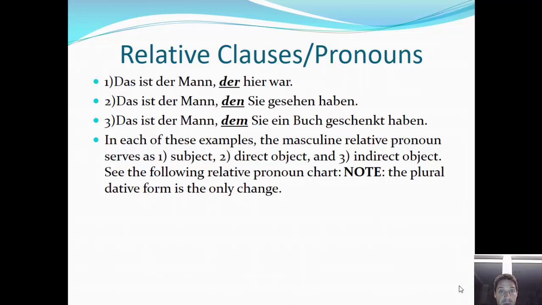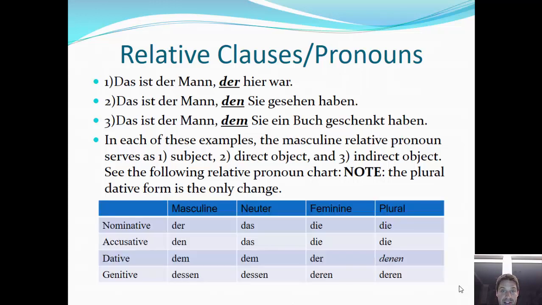We'll look at the chart here to break this down. You're already familiar with this if you've seen my charts from before. The only difference here is the dative plural, denen instead of den.